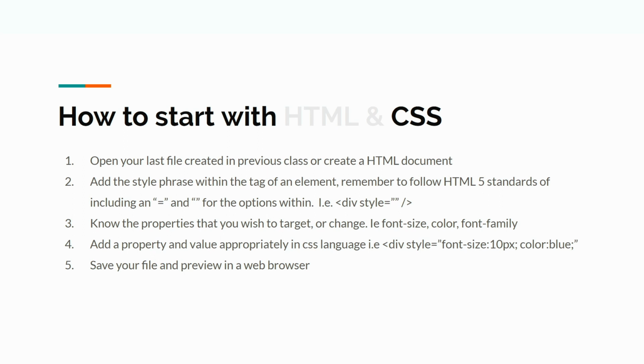The other thing we need to learn before we actually start using CSS is what are the properties that we want to change. Basically, what's the name? How is it called? So you have font size, you have color, you have font family, and just like HTML tags, there are a ton of them. You just have to find them out and know them.